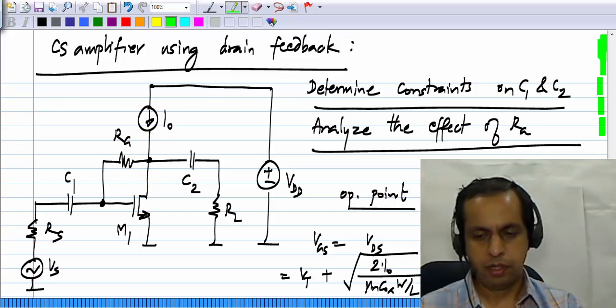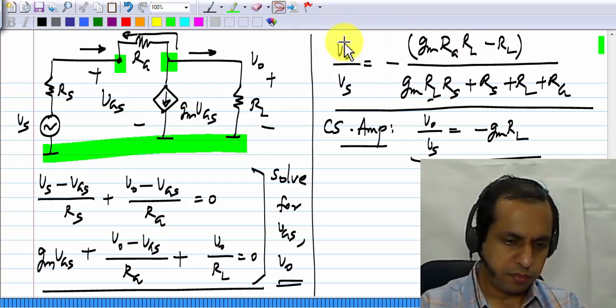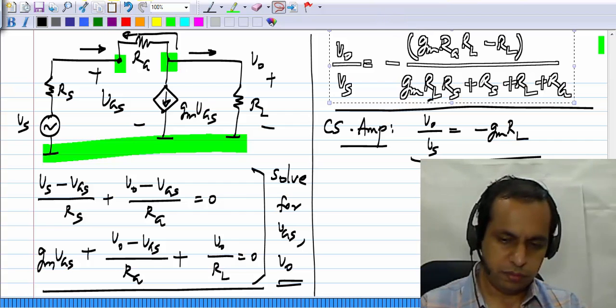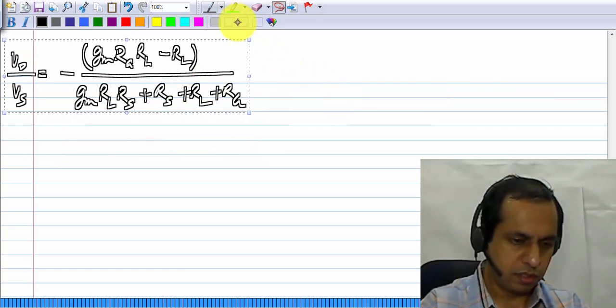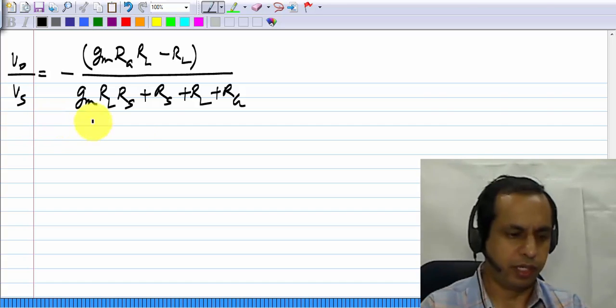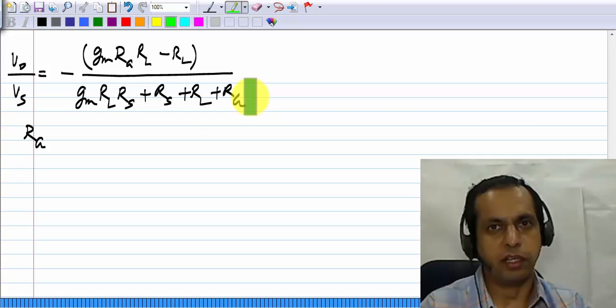Okay, now let's go back to this expression here. Let's see what happens. Now let's say RG is very large. That means we have RG in the denominator and a number of terms.